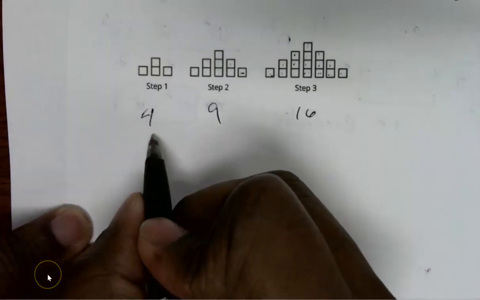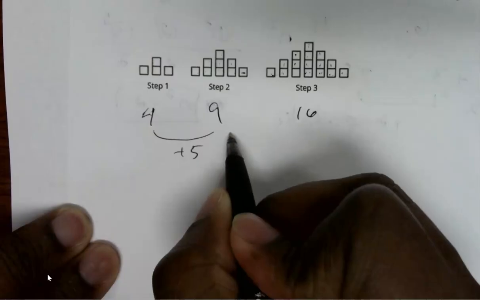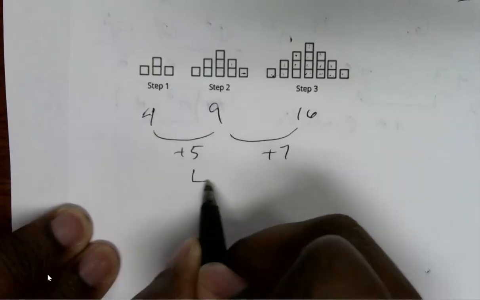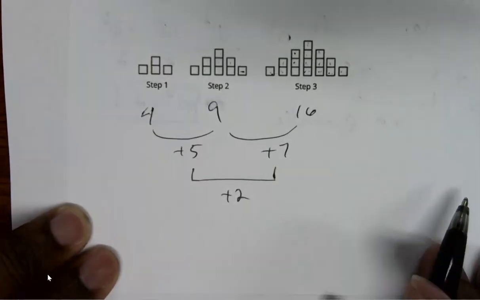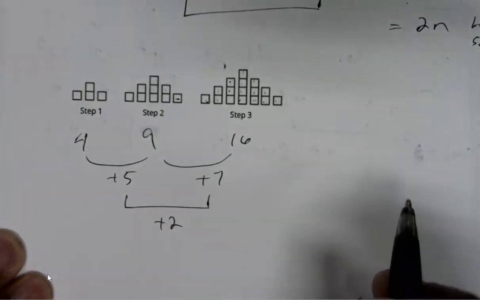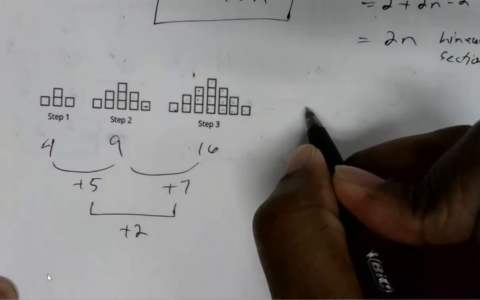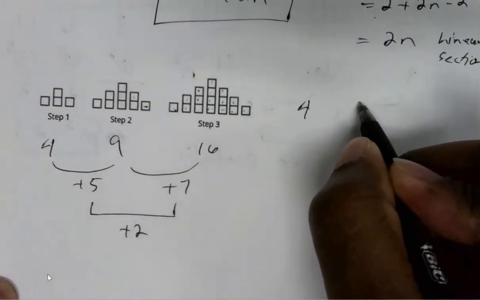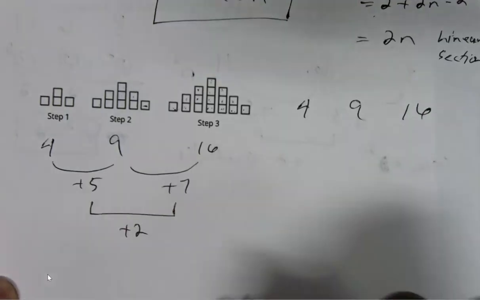I'm going to count that again and make sure I'm right. So if I check it out, it's going to be up 5. It's going to be up 7. That common difference is up 2. Using what you learned, you should find that this is going to be 4, 9, 16.